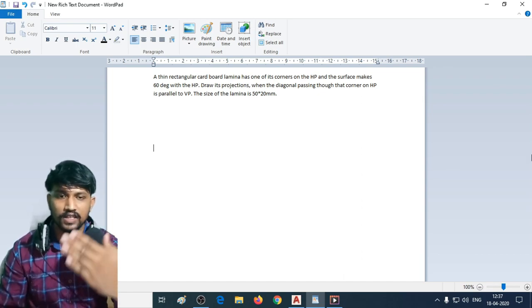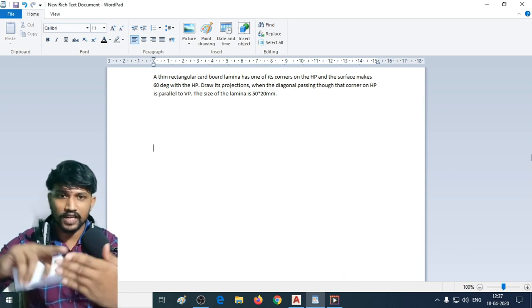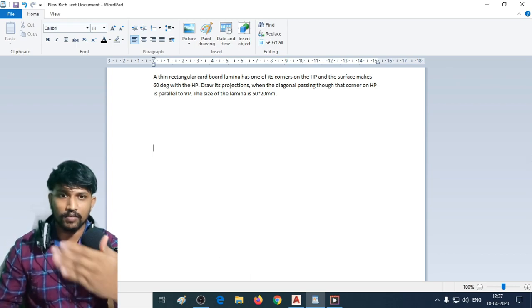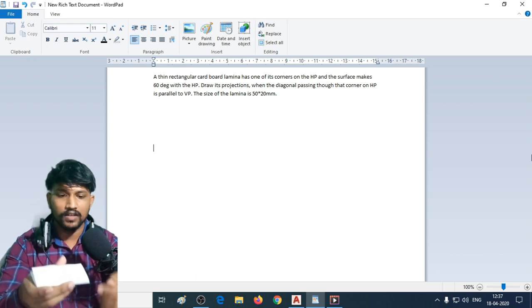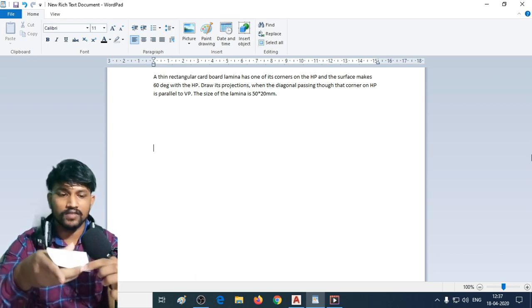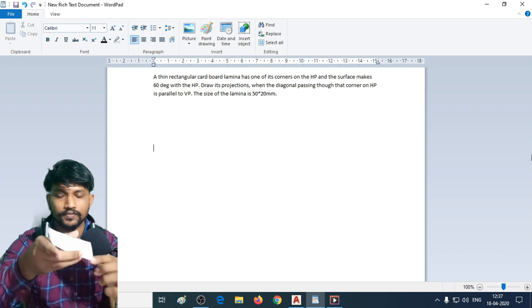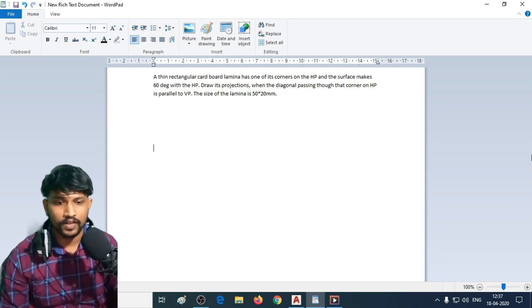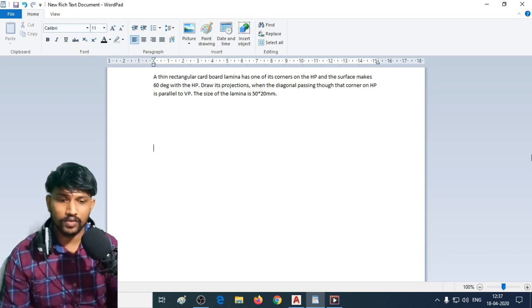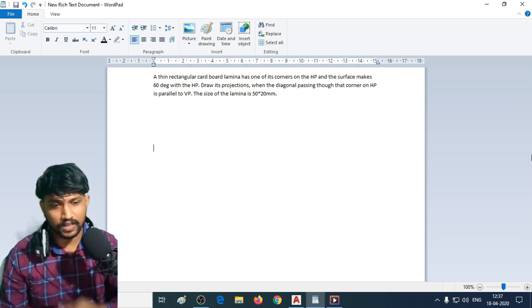We are concerned with the angle of inclination of this particular diagonal with the vertical plane, which means it has to be parallel to the vertical plane. So first we will draw that rectangle, and after that we will measure the diagonal dimension and place it parallel to the vertical plane, and then we will start our problem.